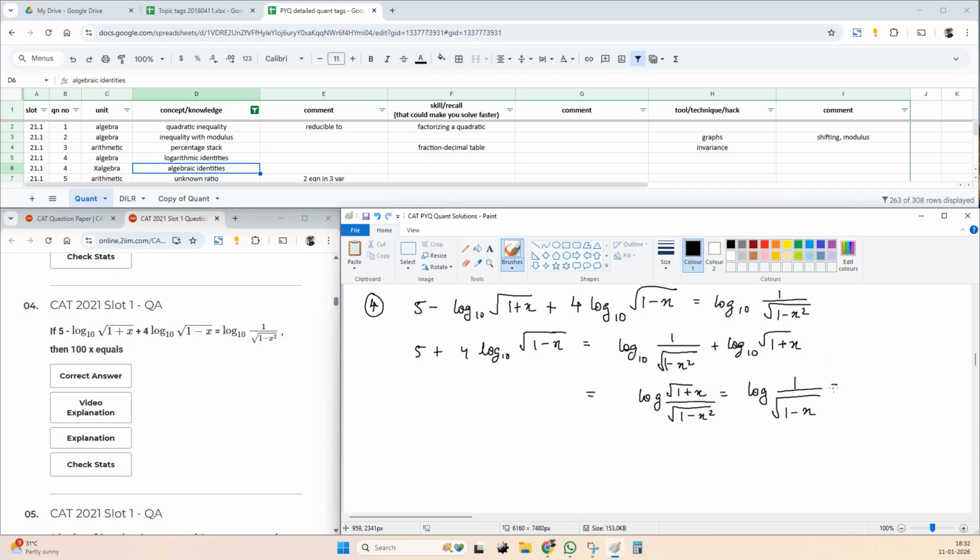Now this can actually be written as minus log root 1 minus x. That is another identity that we know. Log 1 by x is equal to minus of log x, right? Removing the negative is equivalent to taking the reciprocal of the argument.